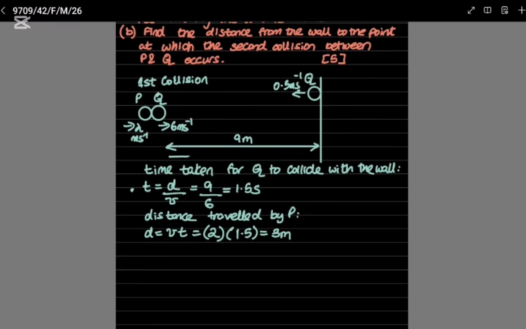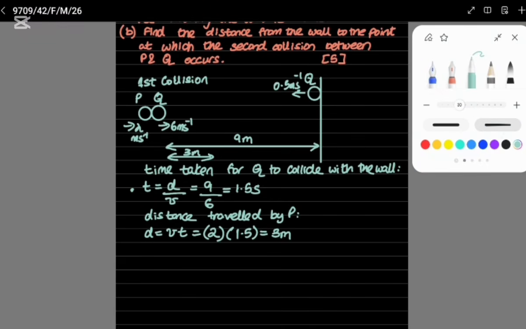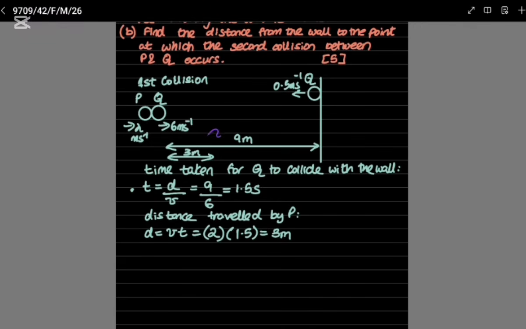So P travels 3 meters, and the remaining what is left is, okay, so let me use a different color. Let me use purple, okay. So P is over here right now. This is where P is, and it has to travel 6 meters now, and Q is over here, okay. It has rebounded at this point, okay.